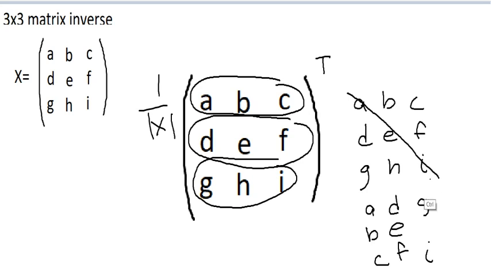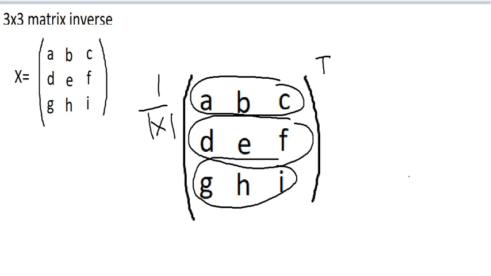That's one way you could do it, but transposition is much easier and quicker at times. Depending on how you think, you might think it's easier, you might think it's harder. Either way, that's how you get the inverse of a matrix.